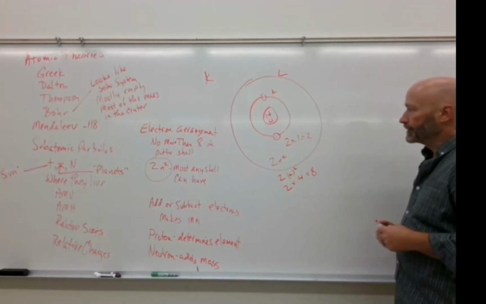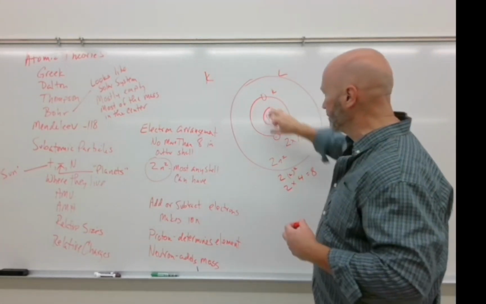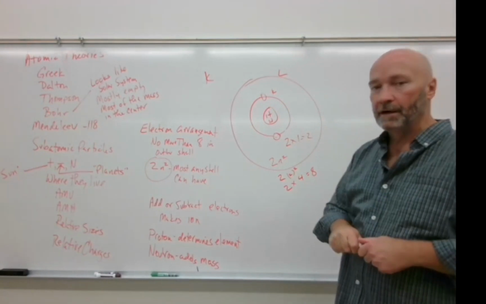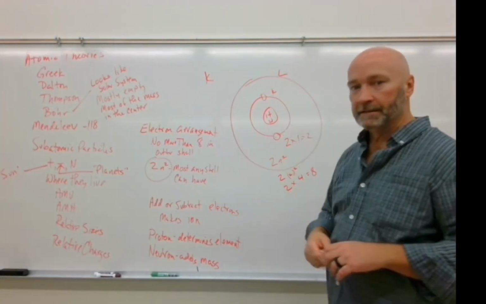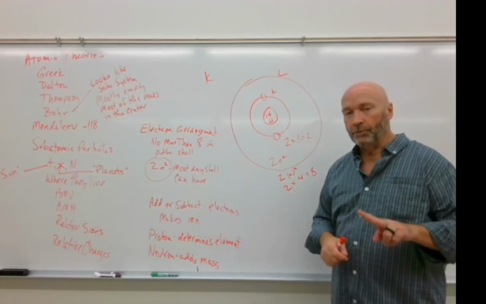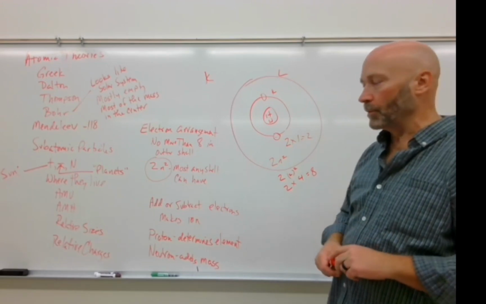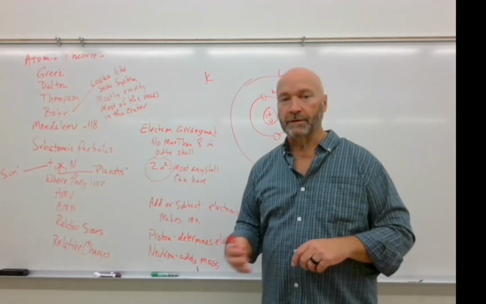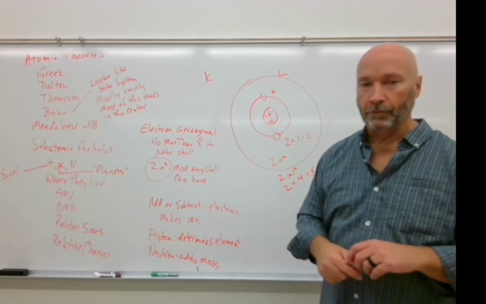And what we have is, because of the mass of the nucleus and the positive charge of the proton and the negative charge of the electron, they stay inside of these orbits. So we have two forces at work. One is what we refer to as centripetal force, and the other is centrifugal force.